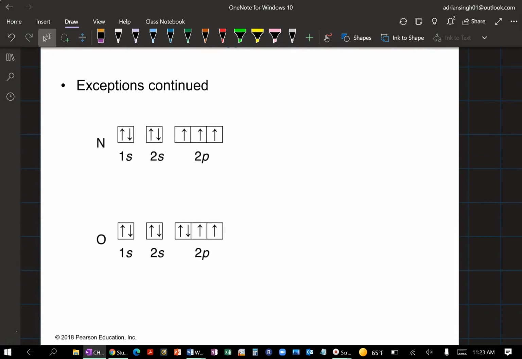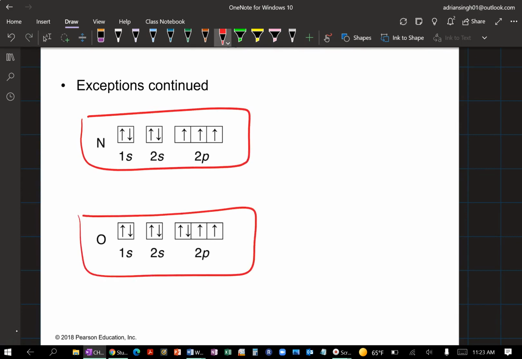We'll also see something similar occurring if we compare nitrogen and oxygen. In nitrogen, this is our orbital diagram, and in oxygen, we can compare them. The only difference between N and O is this electron here, that's in yellow.